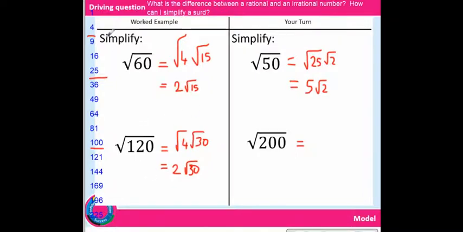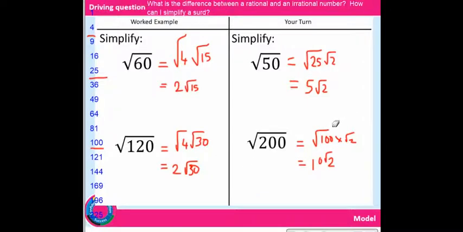We always want to go for the highest. So we want to say root 100 multiplied by root 2, which gives us 10 root 2, which is in its simplest form.